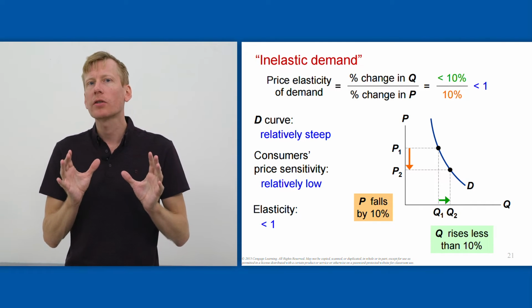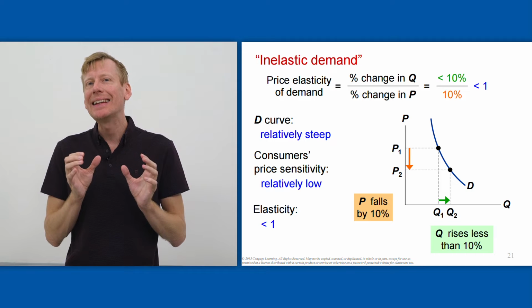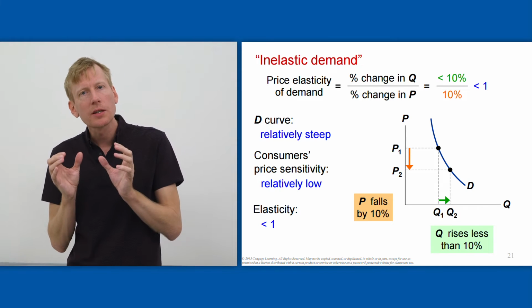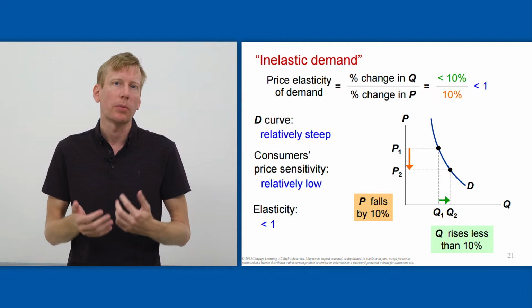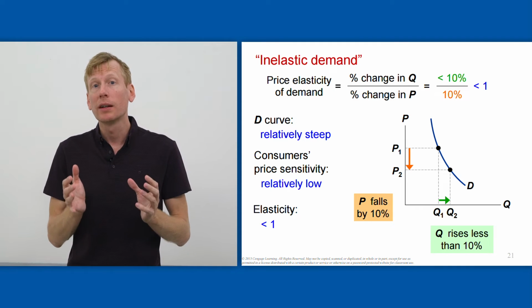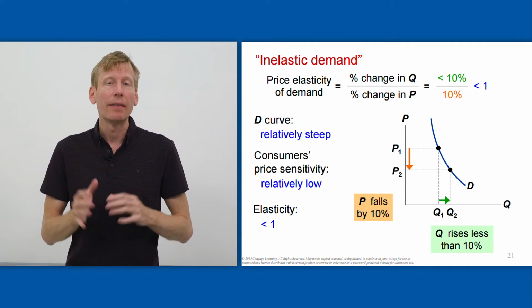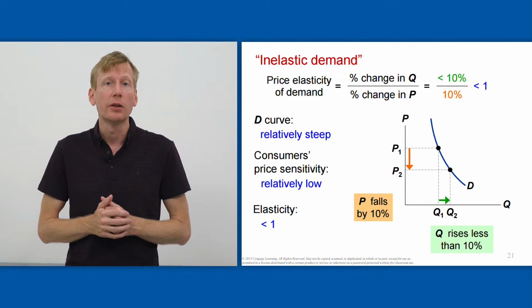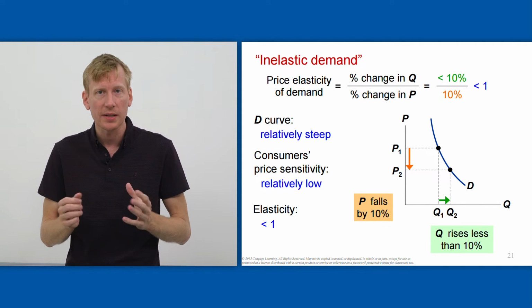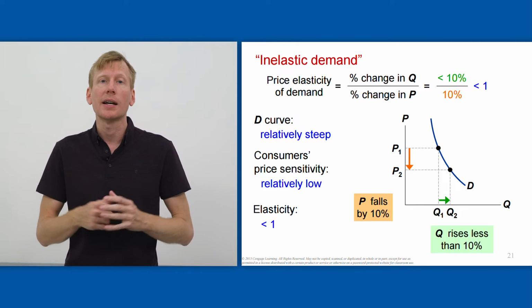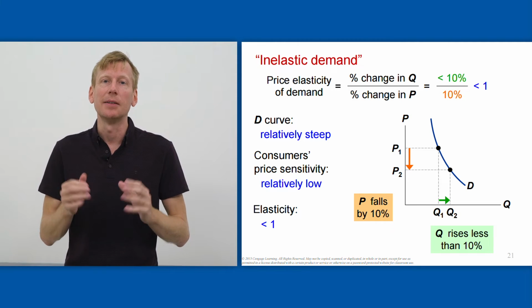So here we would describe demand as being inelastic so long as the percentage change in quantity was smaller than the percentage change in the price. So if the price were to increase by 10% and the quantity demanded were to decrease by 6% or 4% or 1%, any of these would be classified as inelastic demand.